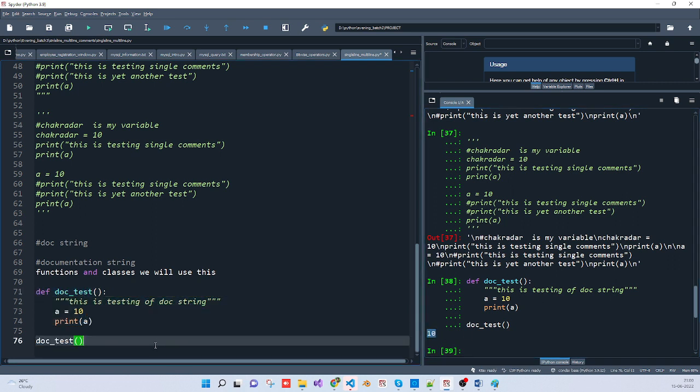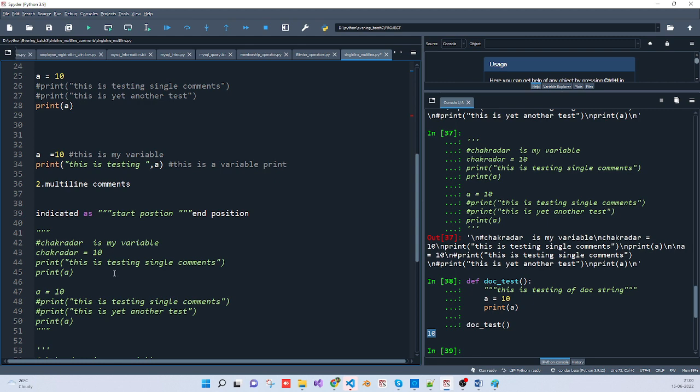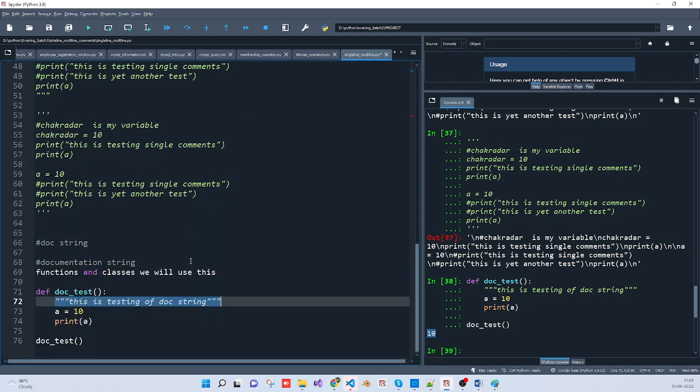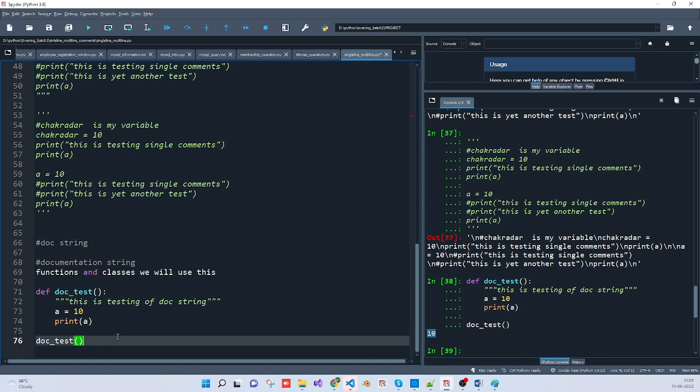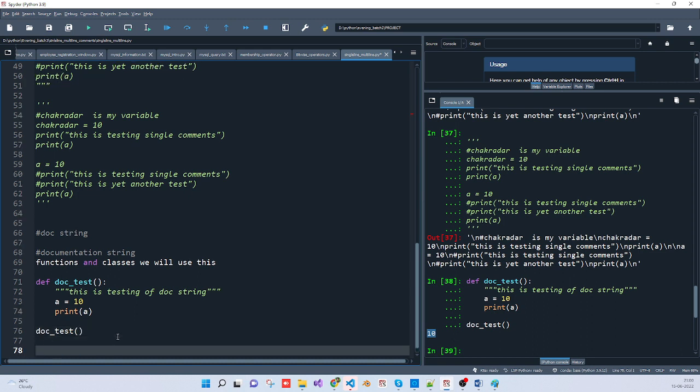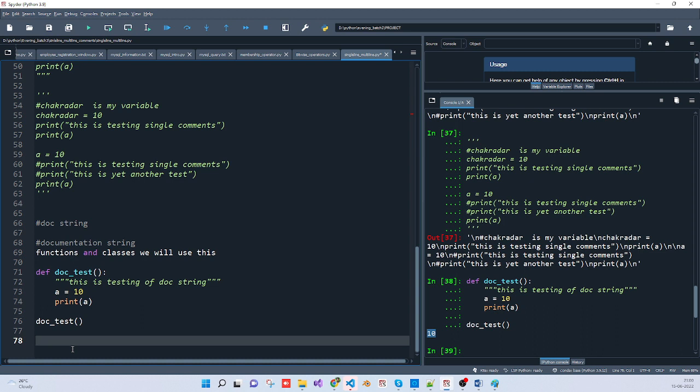Now, if I want this string or this comment, I will not get it generally. But in functions and classes, you will get this docstring.